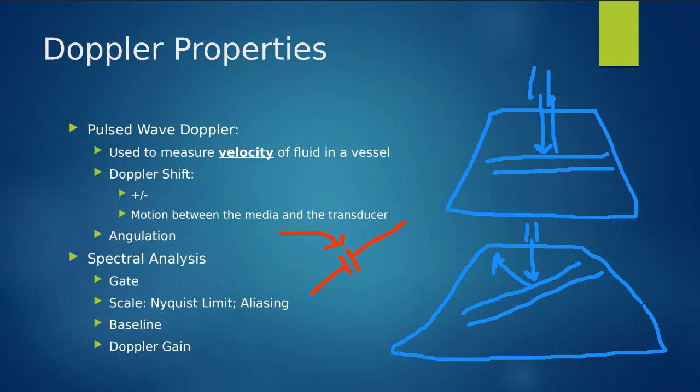Now we can turn this gate using angle correct so we can match the angulation of our vessel. So when we put our pulse wave Doppler on, and say we're using this picture on the bottom here, and our gate comes on, and say our angle is looking something like this.